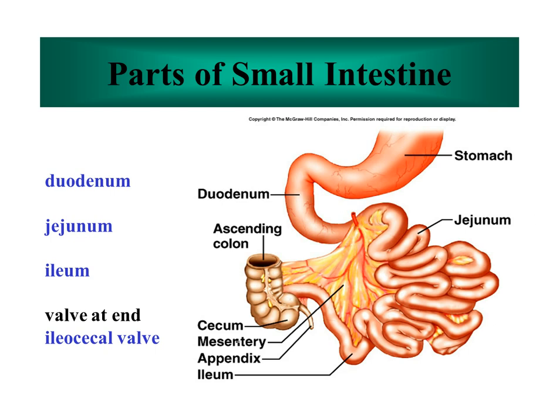So all the substances that are needed by your body, the amino acids, the glucose, the nucleic acids, and fatty acids are all absorbed here through the walls into the blood supply and taken to the tissues that make use of these nutrients.